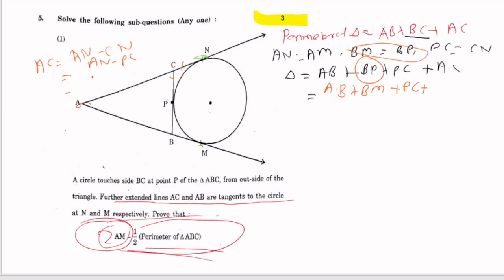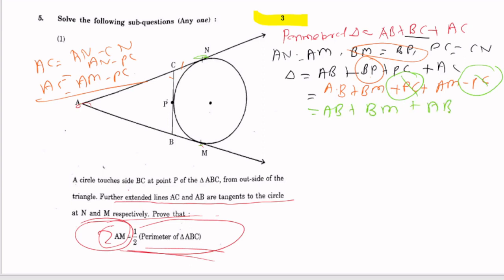Now AN is equal to AM also. So can I write AM minus PC in place of AC? Now negative PC and positive PC will get cancelled. So remaining is AB plus BM plus AM.